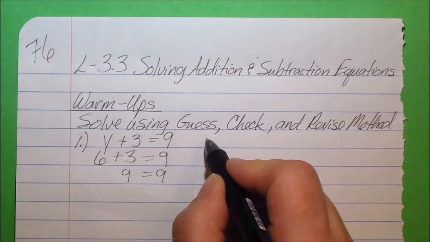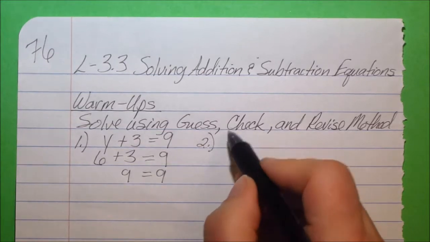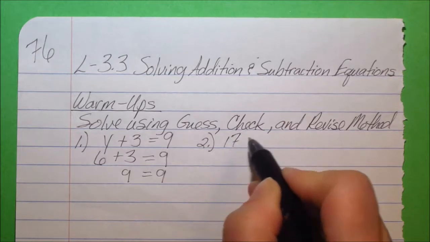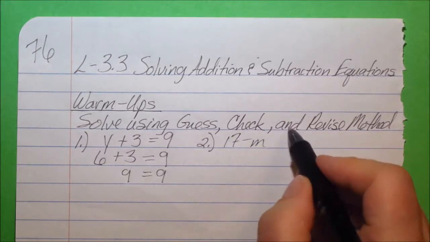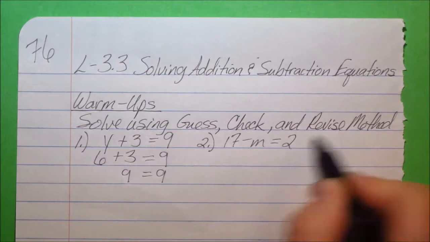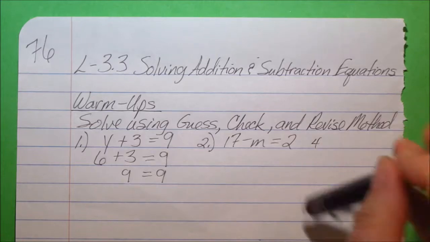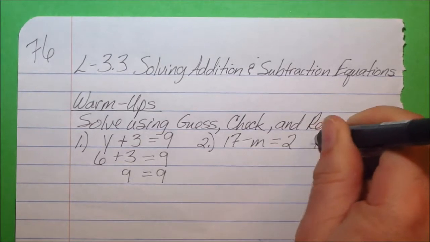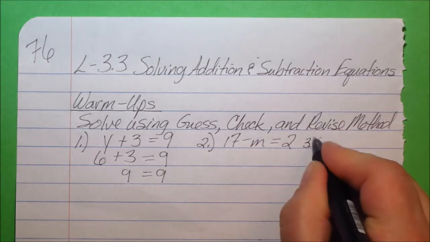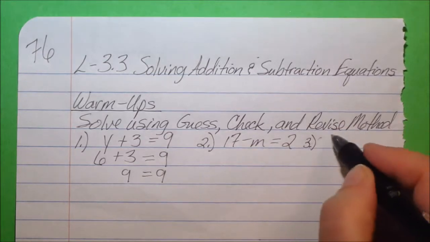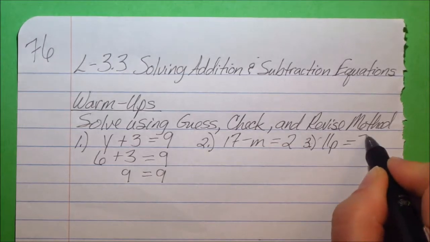So, number 2 is, now you do the rest. I got a variety of operations to work with. 17 minus m equals 2. Guess and check, all right? Number 3 is 11p equals 77.